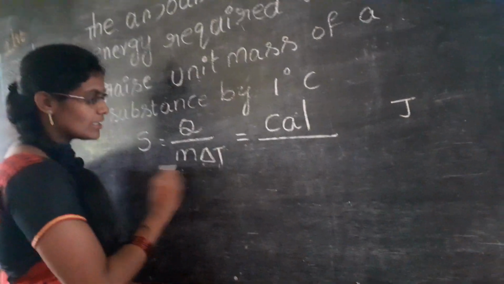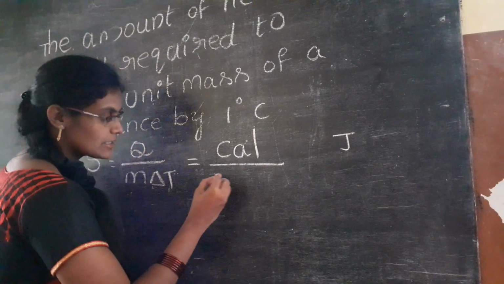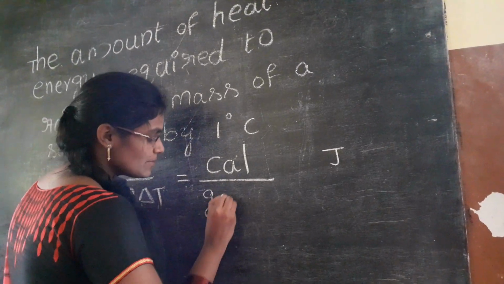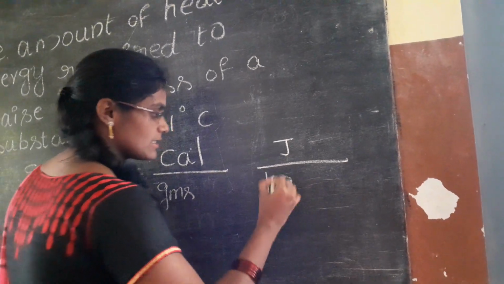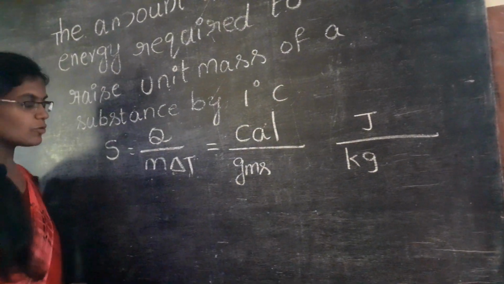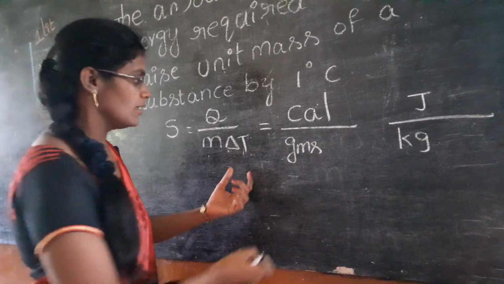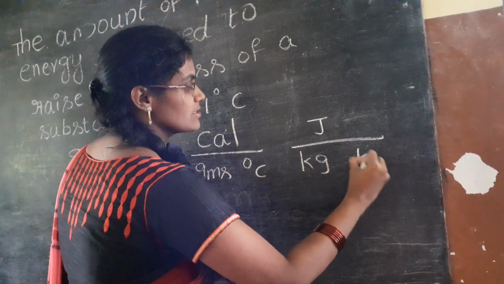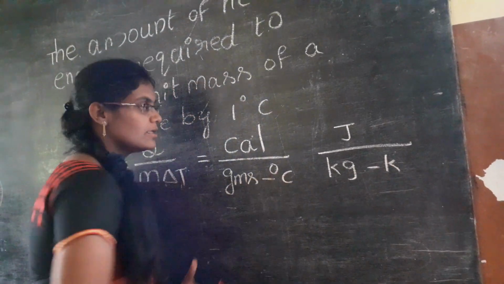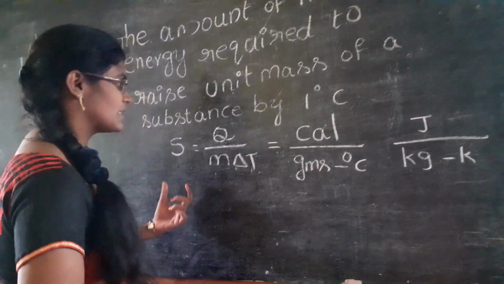What are the CGS units and MKS units of mass? CGS units are grams, and in SI system, kgs. What are the units of temperature in CGS and SI systems? In CGS system, degree Celsius, and in SI system, Kelvin. These are the CGS units and SI units of the specific heat.